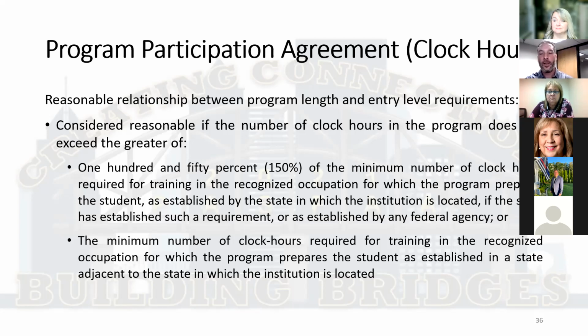When we made it aware to them, they're like, oh, what do we do? They had to go back and adjust all of those students and return some of that aid. So periodically be looking at that if the state changes any of those regulations to make sure that we're in compliance with our clock hour programs. And it's not more than that 150. Make sure that we're paying attention to it.